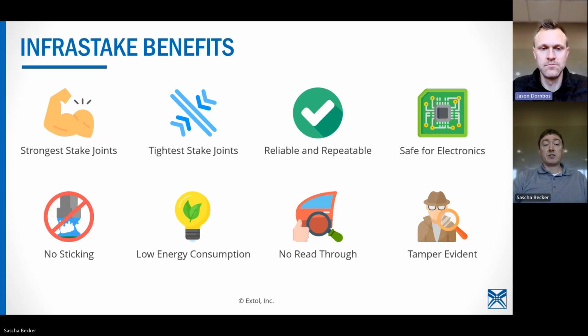So we do create tight joints with that. We're also monitoring a couple parameters that ensure quality and consistent parts. And because we're not vibrating, we're directing the heat where it's needed. We're not overheating things. This is a safe technology for electronics or other sensitive components.